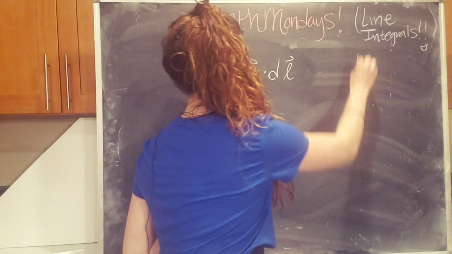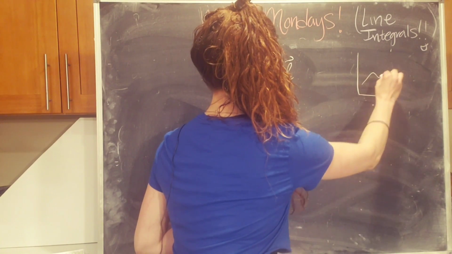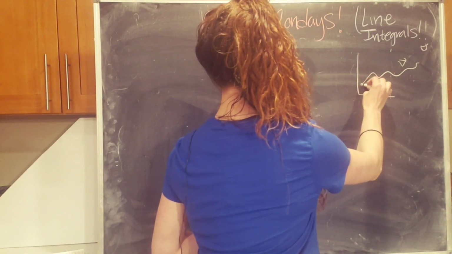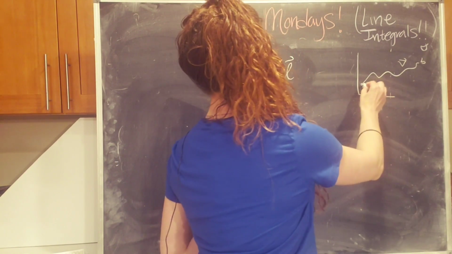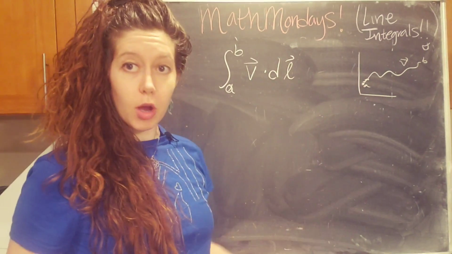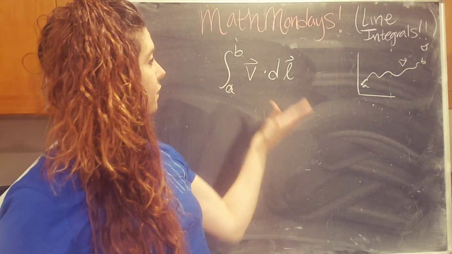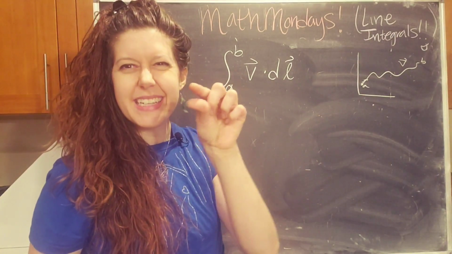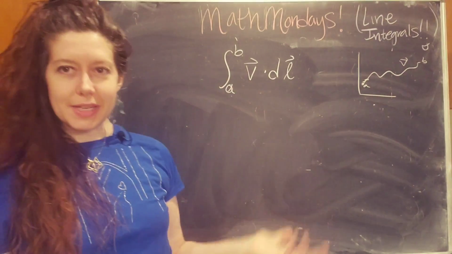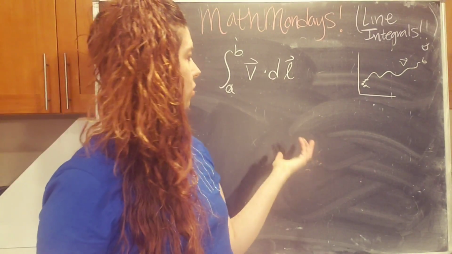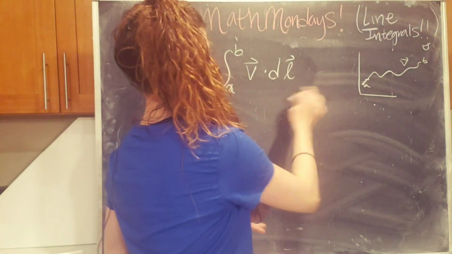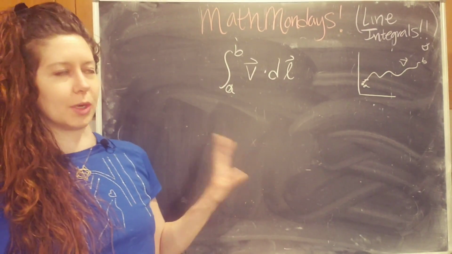Basically what this means is, let's say you have some shape here where this is V, this is A, this is B. Your displacement vector is going along, and the dot product is the projection of V onto this teeny tiny dl, basically your infinitesimal displacement.